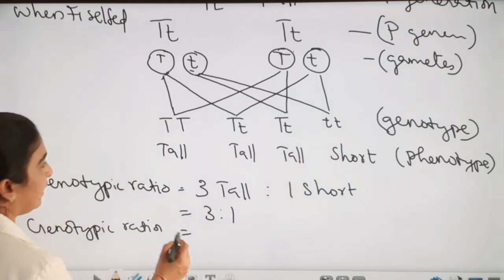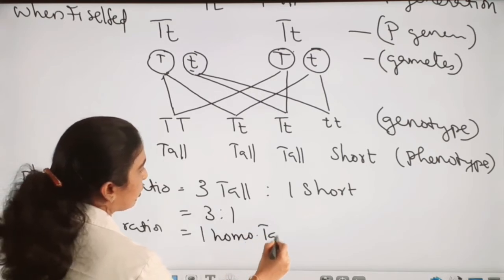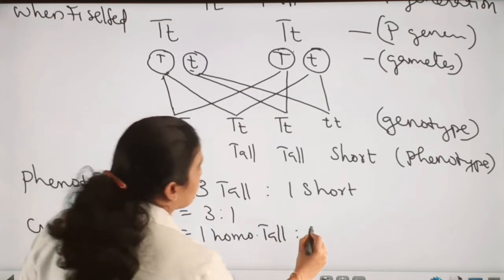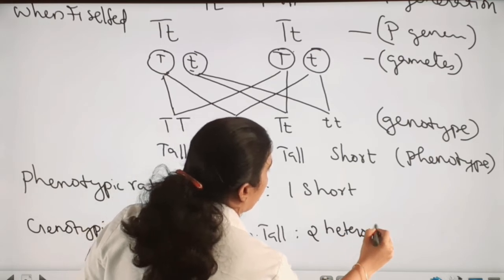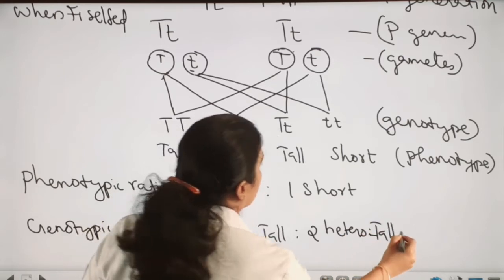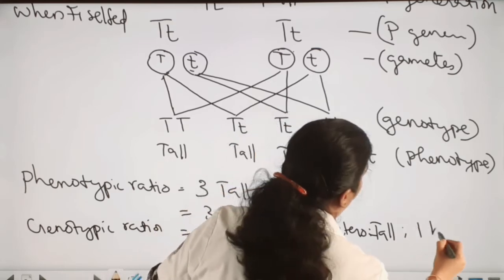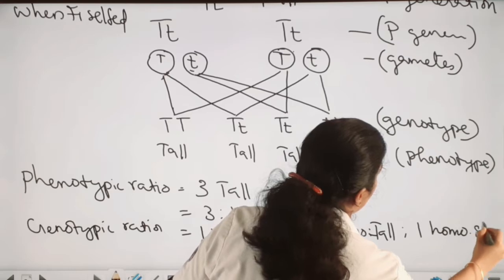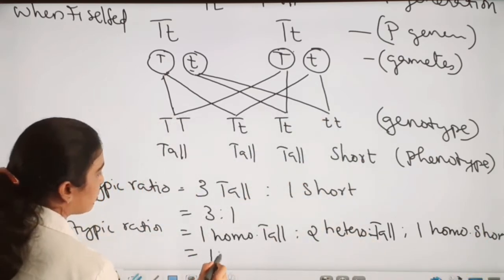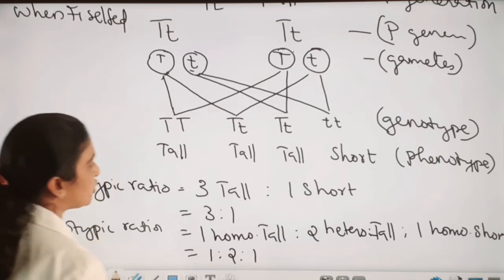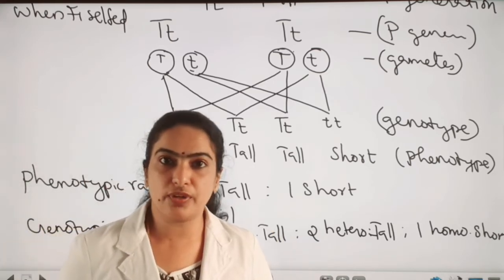So we can say one homozygous tall is to 2 heterozygous tall is to 1 homozygous short. So this is the genotypic ratio. Genotypic ratio is equal to 1:2:1. So is it clear about the phenotypic ratio and genotypic ratio?